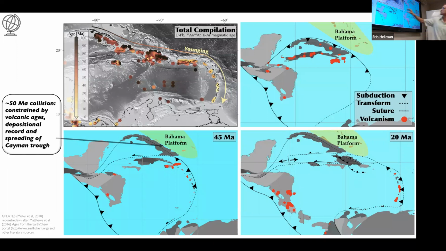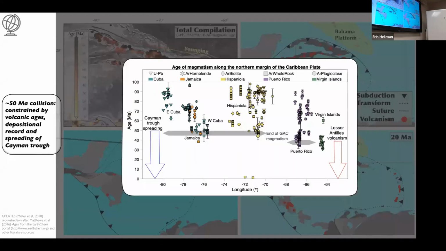But this is good evidence for kind of these two different subduction zones where you have the Great Arc, the older ages, and then the Lesser Antilles Arc, those younger ages. In kind of a different space, in longitude-age space, so this is going across the Greater Antilles. In blue, you have Cuba, orange Jamaica, yellow Hispaniola. So you see that the magmatism on these islands ended around 50 million years, concurrent with the spreading of the Cayman Trough.